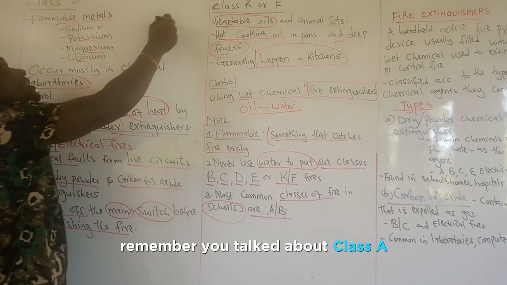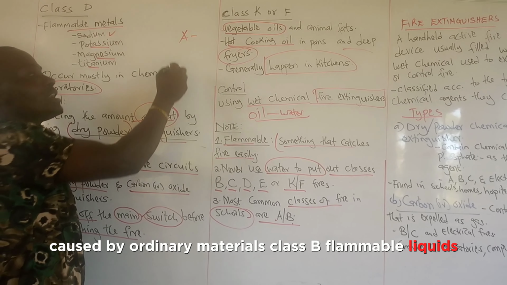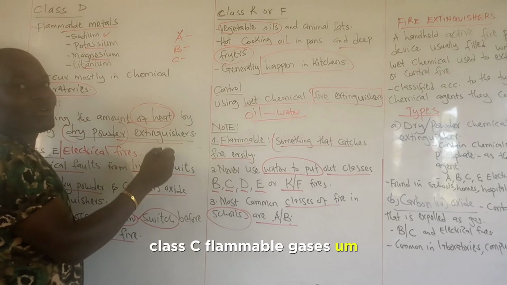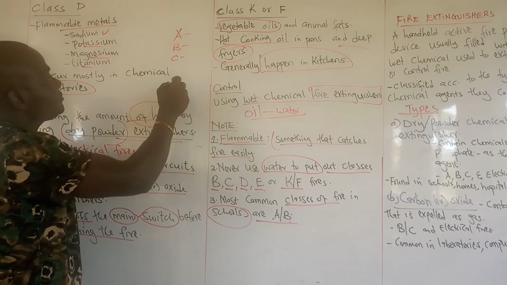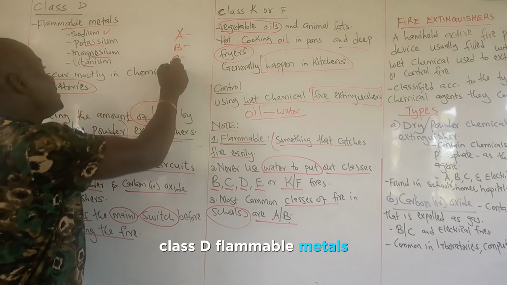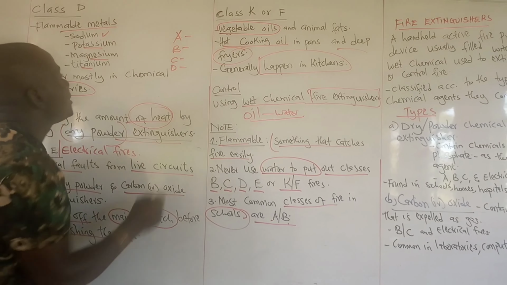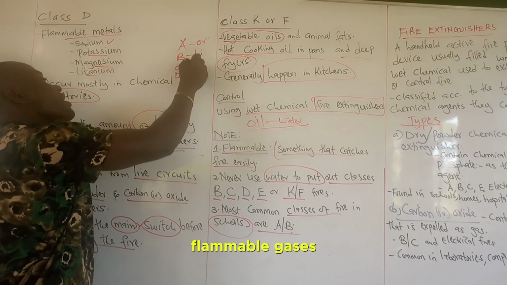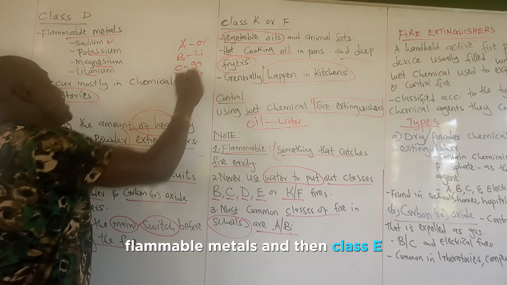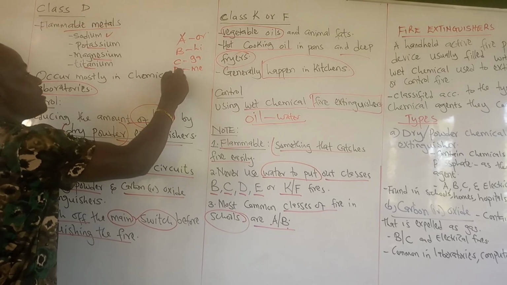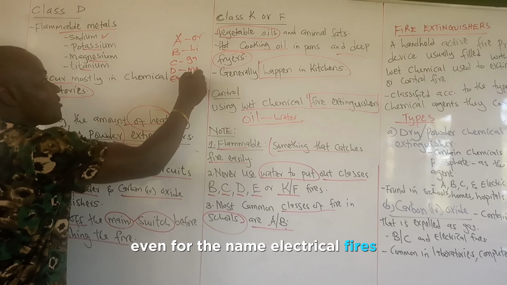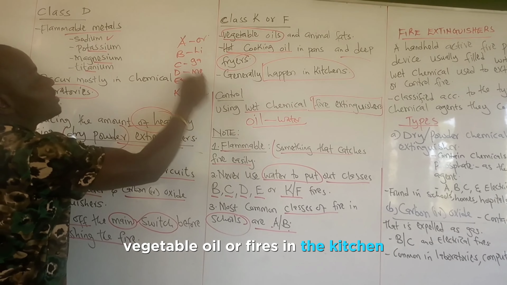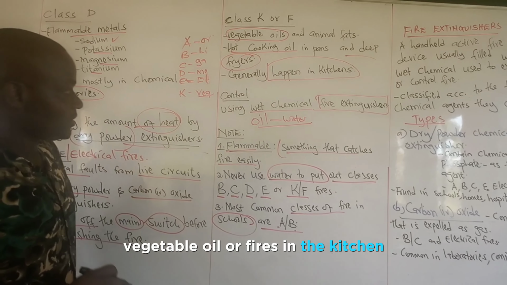Remember, we have talked about class A, caused by ordinary materials; class B, flammable liquids; class C, flammable gases; class D, flammable metals; and then class E, even from the name, electrical fires; class K, vegetable oil or fires in the kitchen.